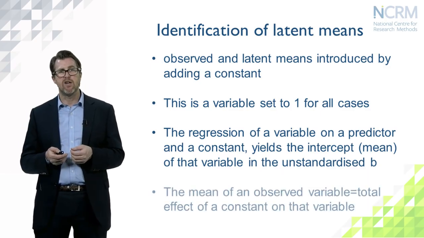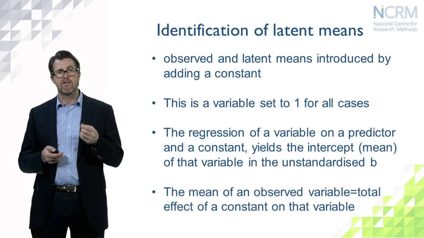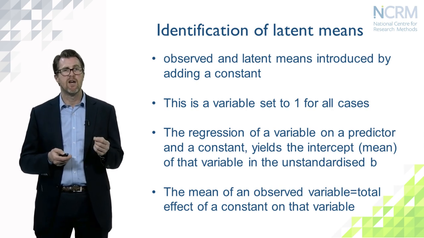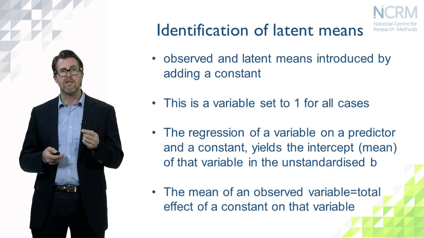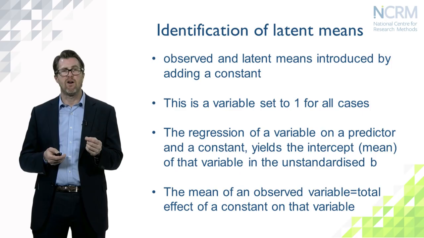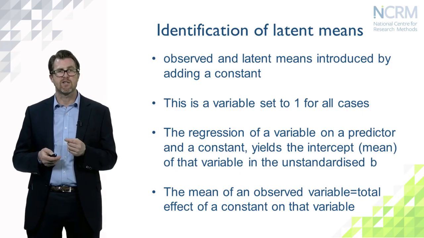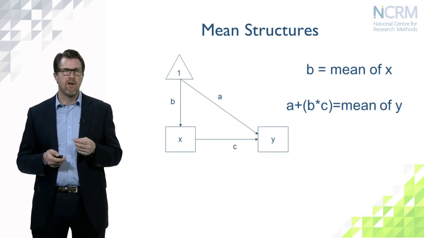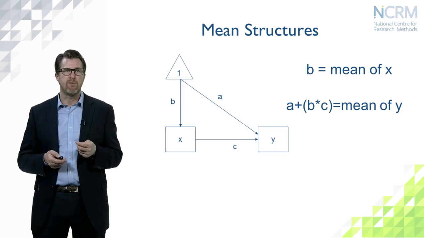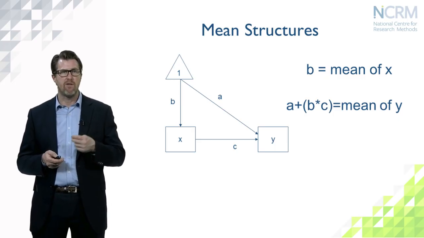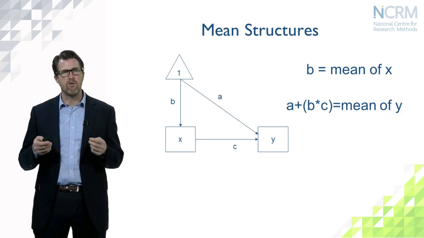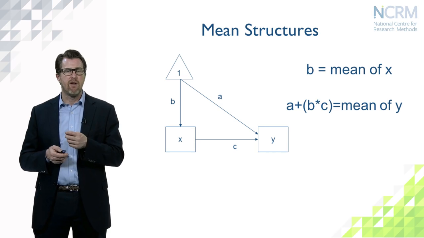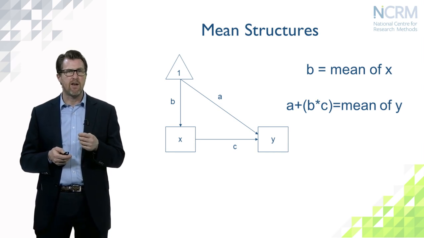And the mean of an observed variable is the total effect of a constant on that variable. So the total effect, as we saw in video 1, is the sum of the indirect and the direct effects. So if we now introduce a constant, which in path diagrammatic notation is represented as a triangle, and here we have the number 1 inside the triangle to indicate that the constant is 1, then we, in this path diagram, have again a y variable and an x variable.